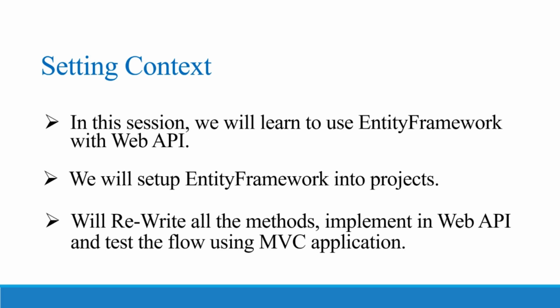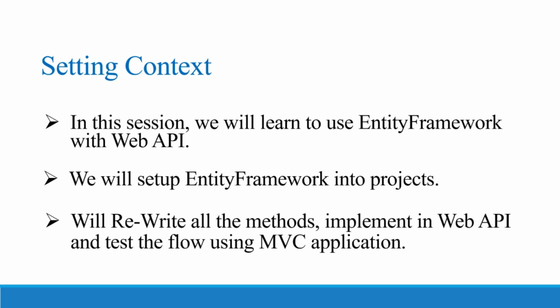In the last videos we created an MVC application and a Web API application. We consumed the Web API in MVC. After that we implemented basic security using bearer authentication. We also tested the Web API in Postman, and in the last part we saw how we can connect SQL to Web API.